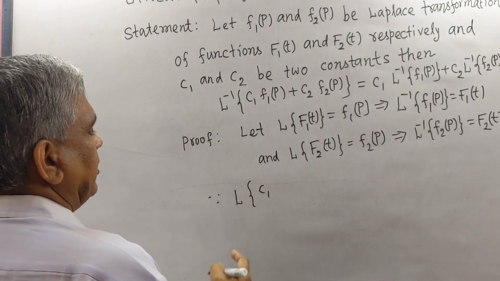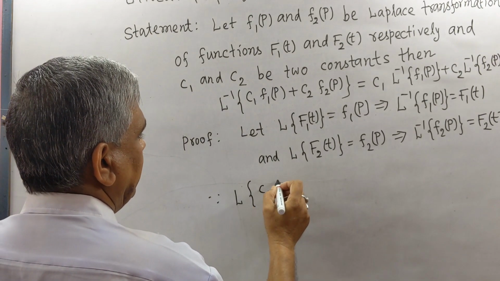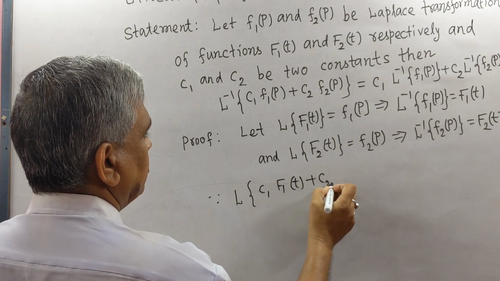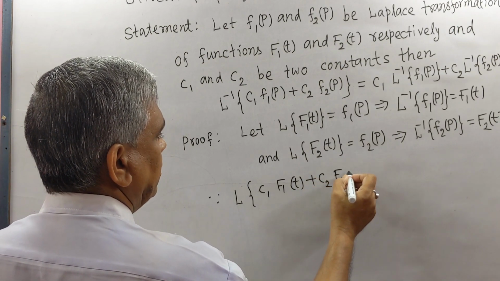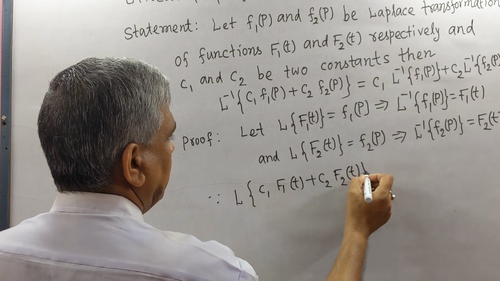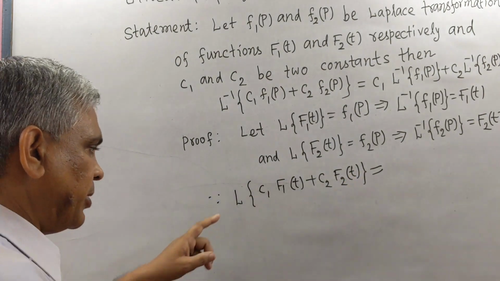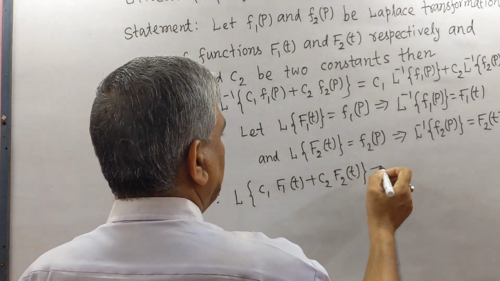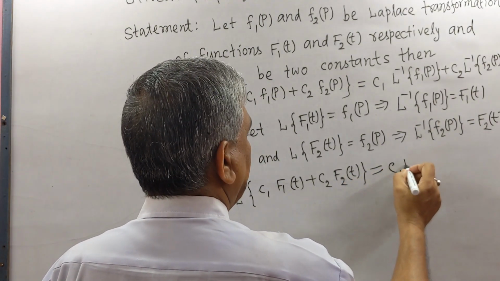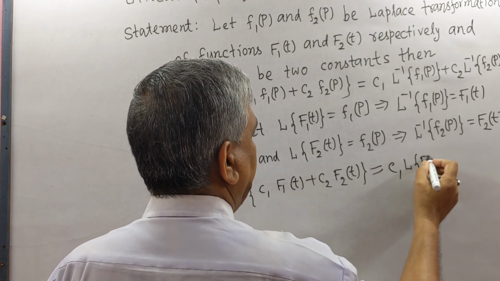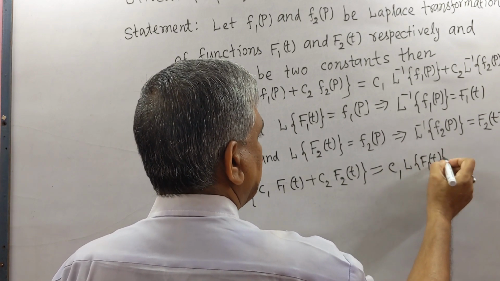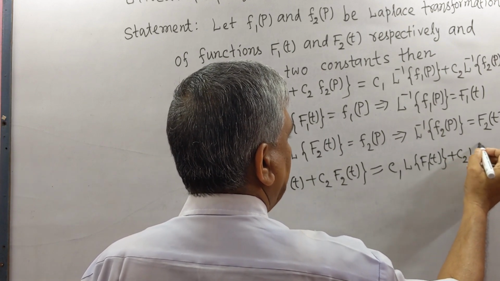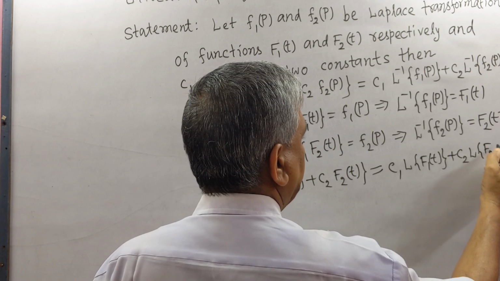Since we know that C1 F1(t) + C2 F2(t), since Laplace transformation is a linear transformation, so we may write C1 L{F1(t)} + C2 L{F2(t)}.